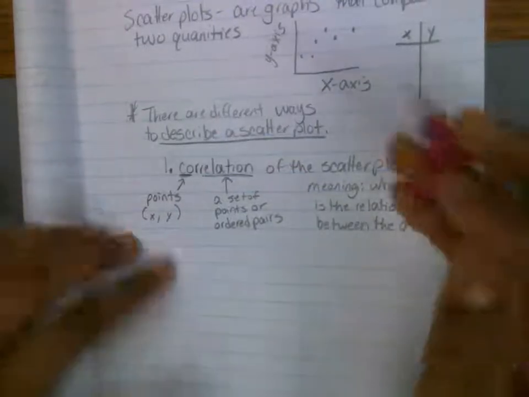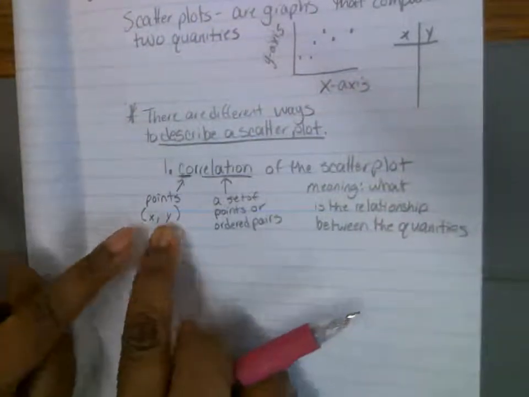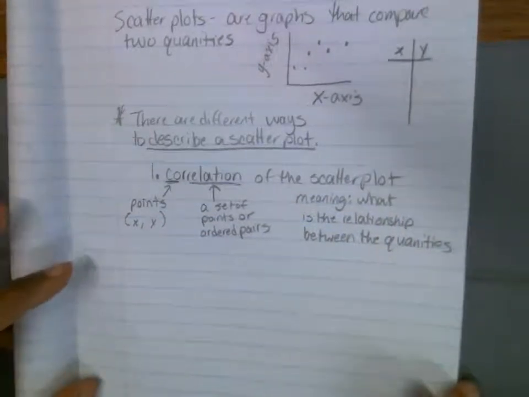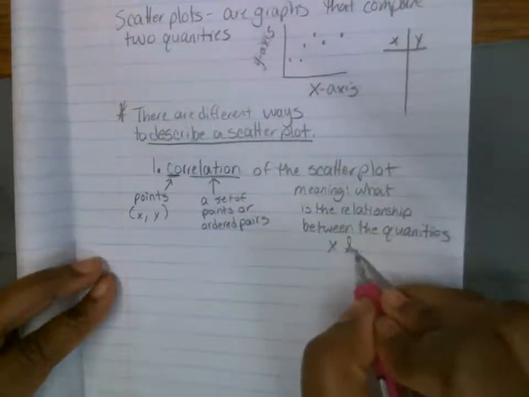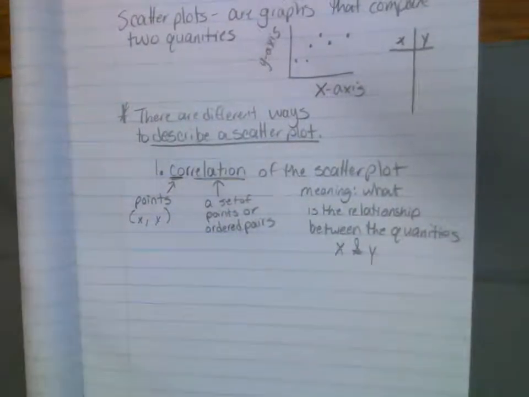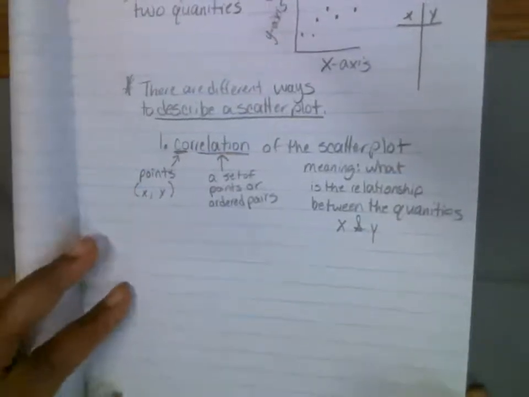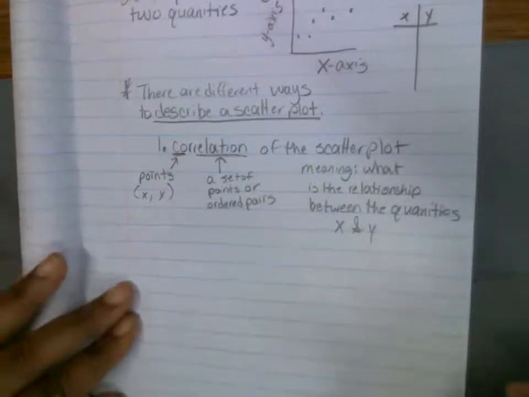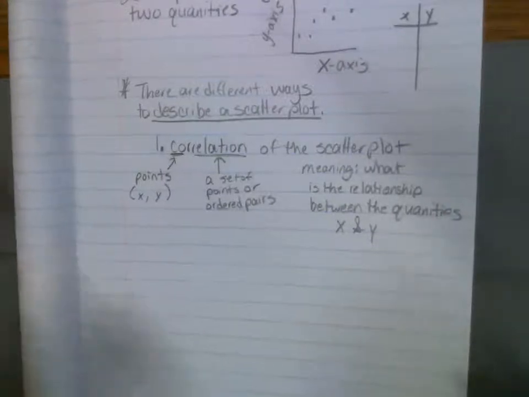And that's your x and your y. What are you graphing along your x and your y? What is the relationship between your x and your y? The two quantities, x and y. What is the relationship between them? When you're describing the correlation, the meaning of that is what is the relationship between the quantities x and y?